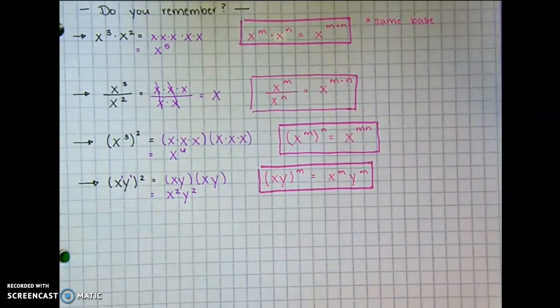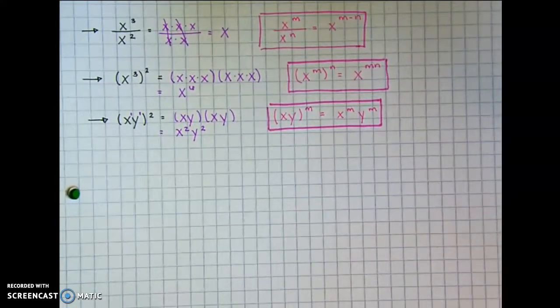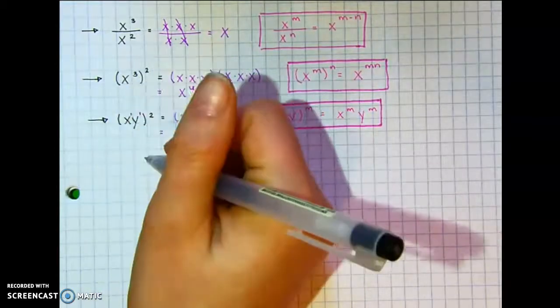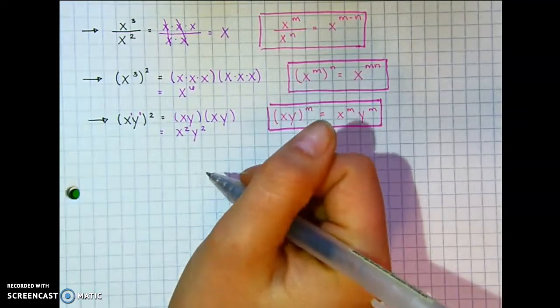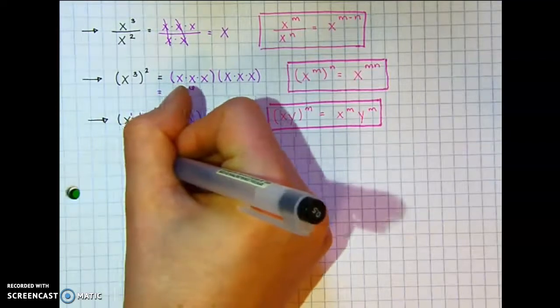We got two more. So I guess I could kind of in a way say three more. So one is if I have a negative exponent, so if we have x to the negative second.